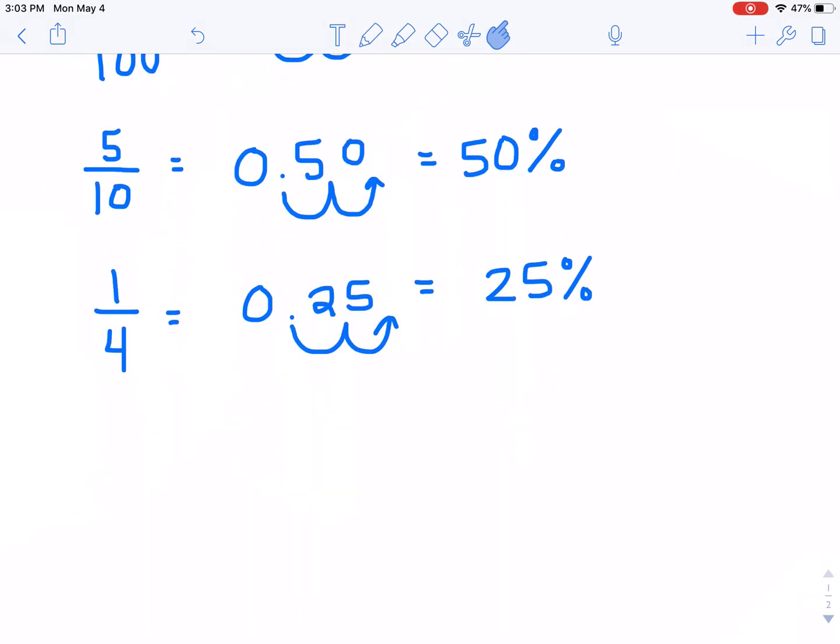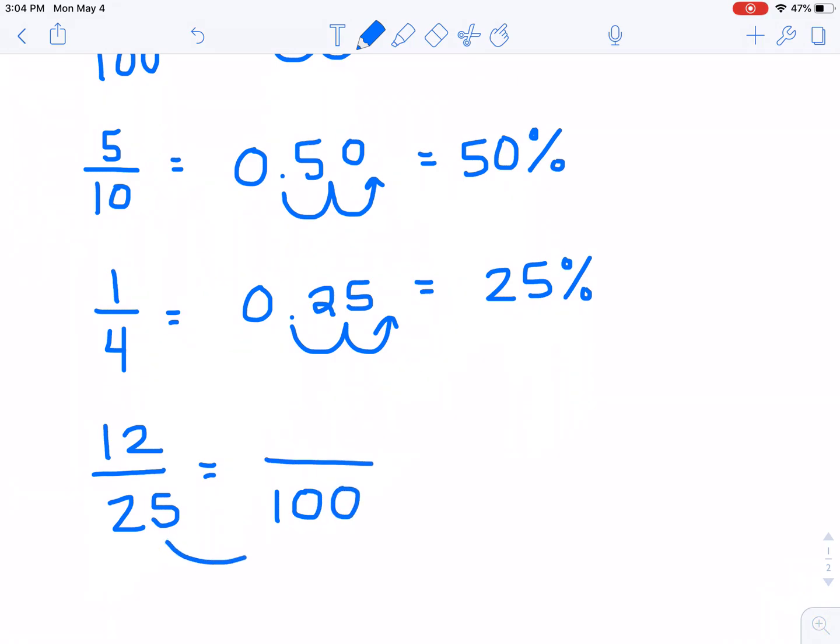All right, so let's get into some that might be a little more tricky, although I kind of doubt it. Let's see here. If I did 12 over 25, okay? Now I can get out my calculator and do 12 divided by 25, and I would get a decimal. But I can also turn this into one that I know I can do, because I know 25 can go into 100, so I'm going to make an equivalent fraction.